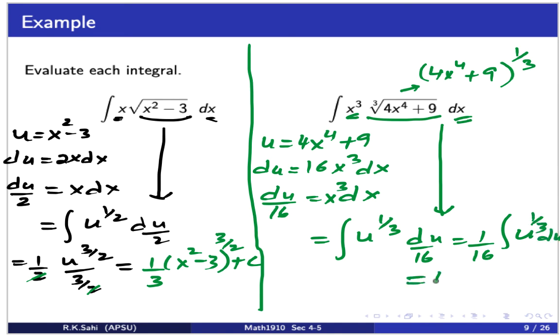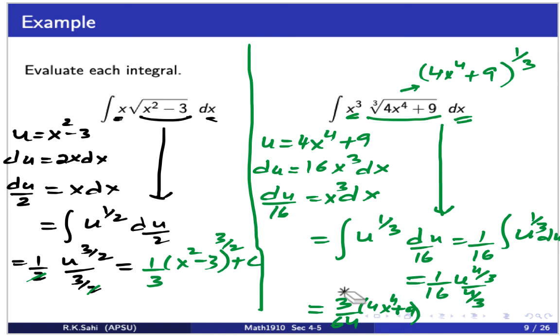Now you can easily do the math here. 1/16 times u to the power 4/3 over 4/3. And the final answer is going to be 3 over 64. u will be replaced by 4x^4 plus 9 to the power 4/3.